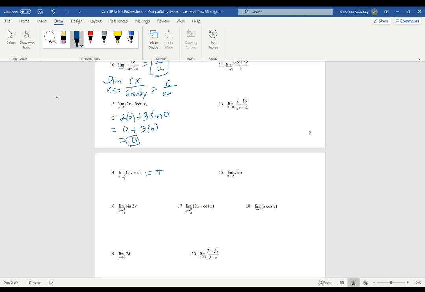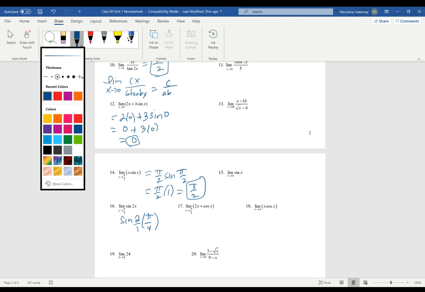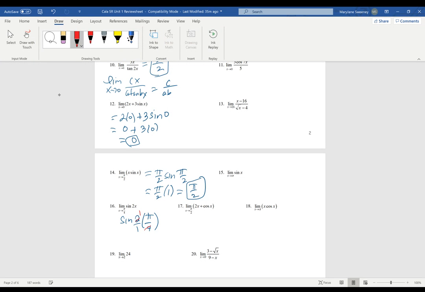14, plug it in, pi over 2, sine of pi over 2. Sine of pi over 2 is 1. So that would just be pi over 2. This would be sine of 2 times pi over 4. You have to simplify that, get it to one single value.